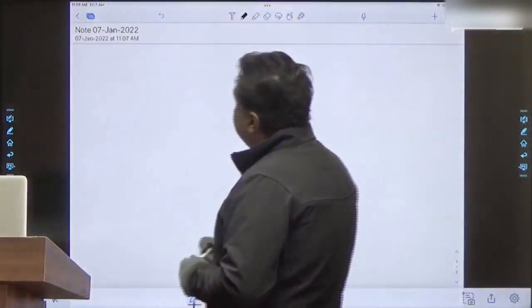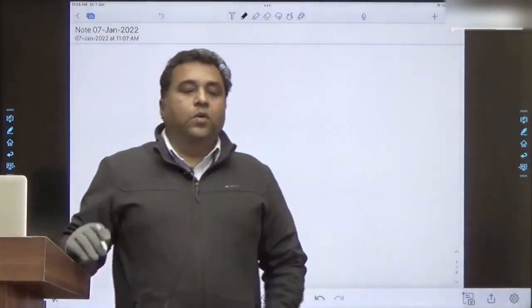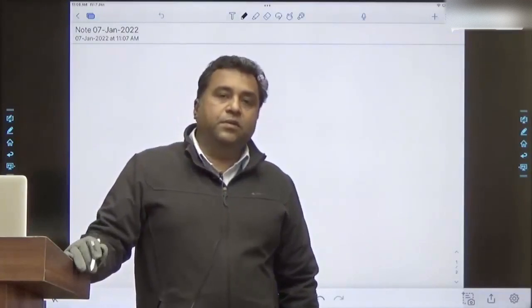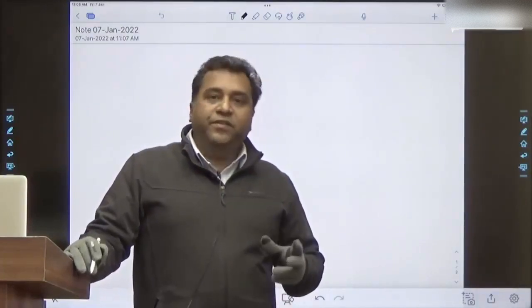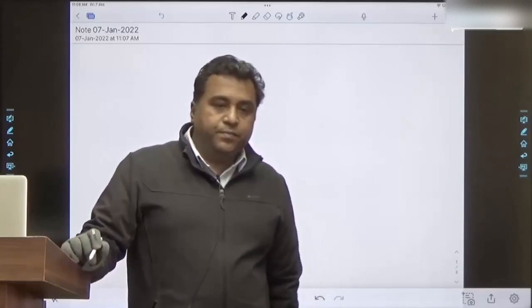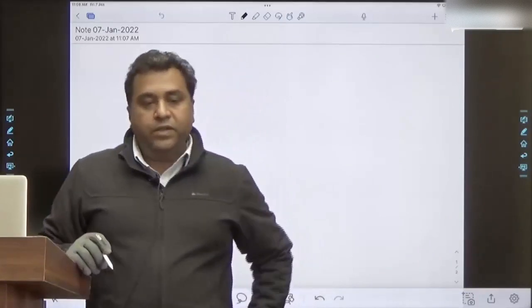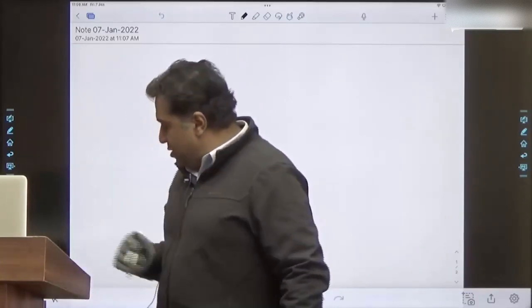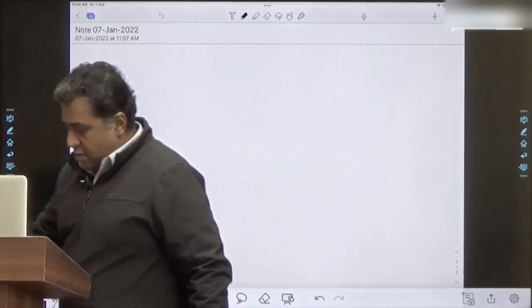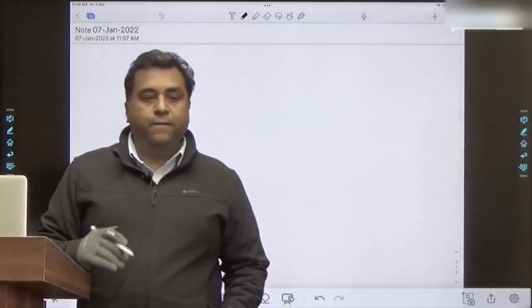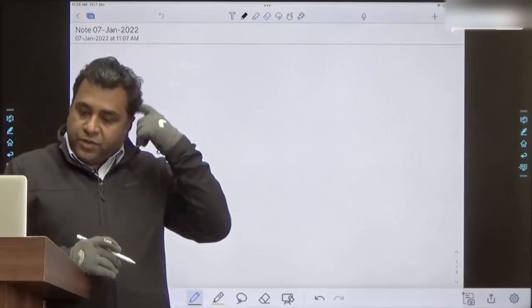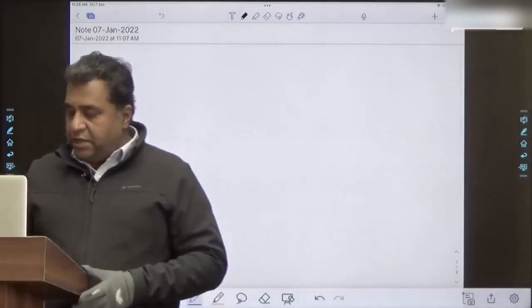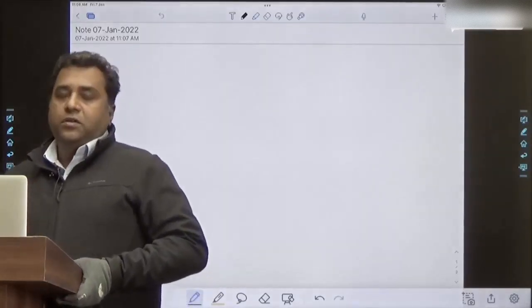And hence, only the seismic body waves tell us about the interior of the earth. Not all the seismic waves.